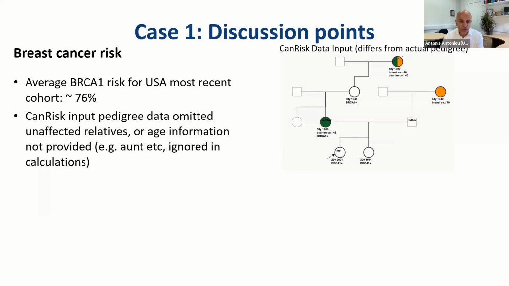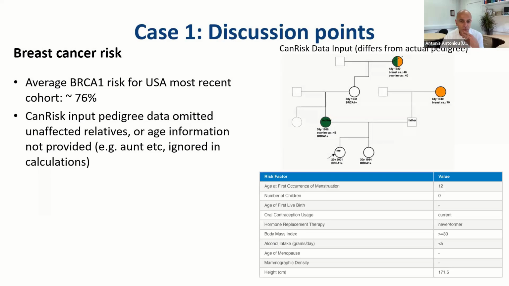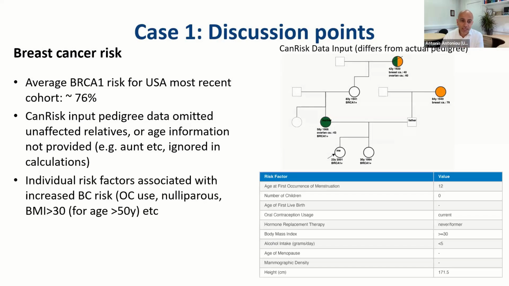So that's the first point that I wanted to make here. The other, of course, is that there are other individual risk factors that are included for this individual, the lifestyle and hormonal risk factors. So this particular carrier has also used oral contraceptives, is nulliparous.